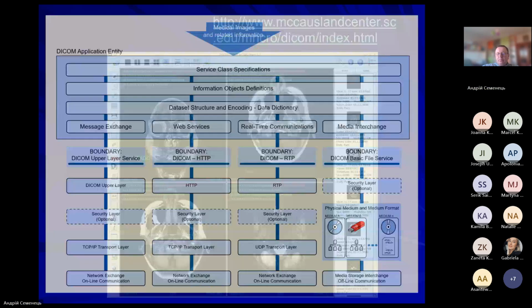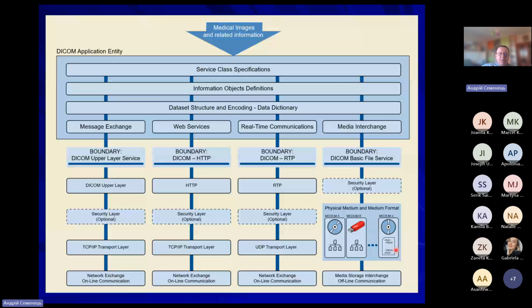So here is the infrastructure of DICOM. It's very broad, but you have to understand that physicians usually work at this level, so they usually have access only to file-based DICOM, which is represented in some storage on a computer hard drive or some media, like CD or flash drives, and is useful for manual exchange.